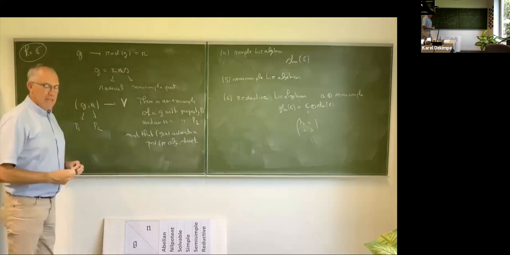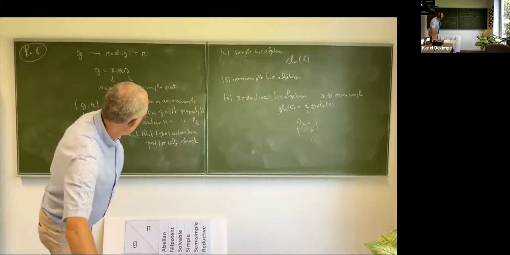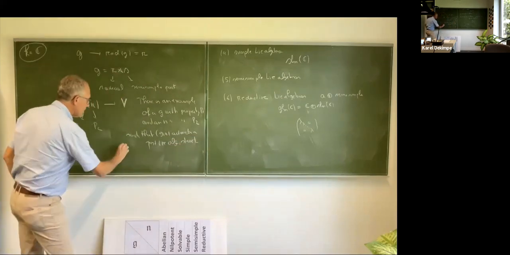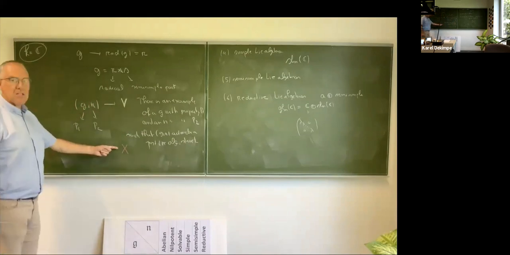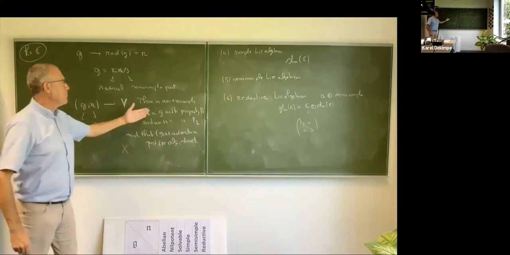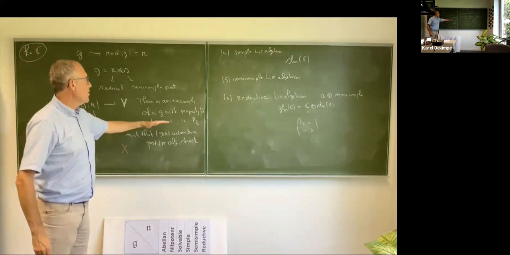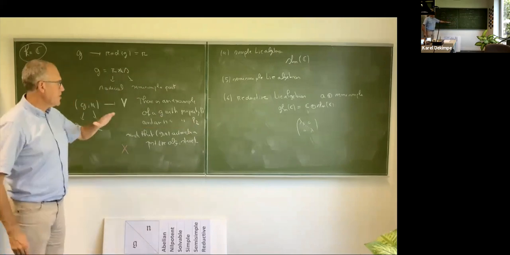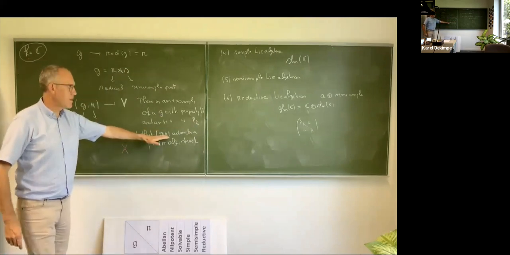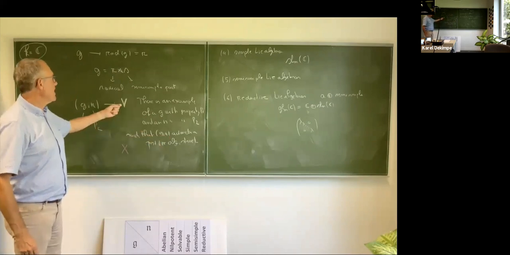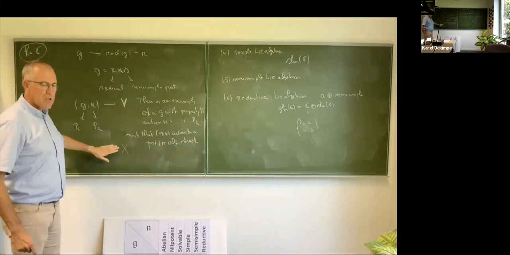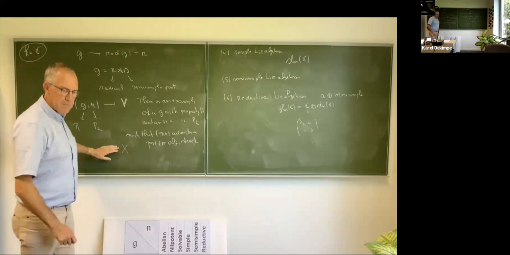Okay. In case I will indicate a red cross, I will mean that for any G with property P1 and any N with property P2, there is no structure on the pair Gn. Okay. So a green V means there are examples, the red cross will mean there are no examples.